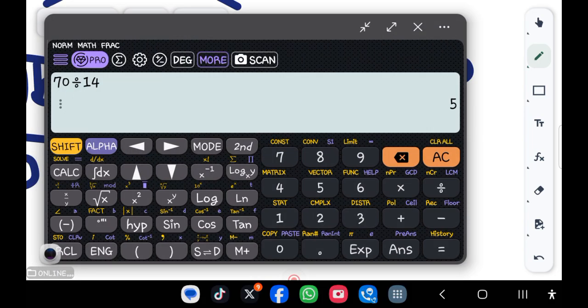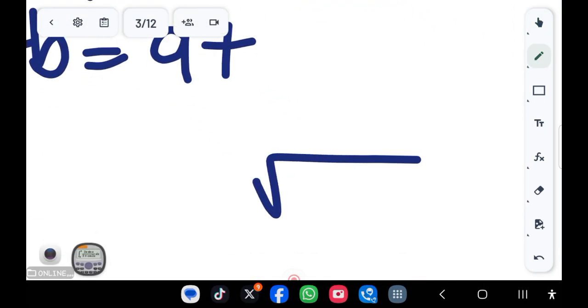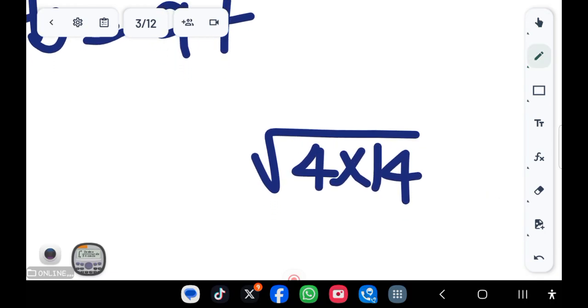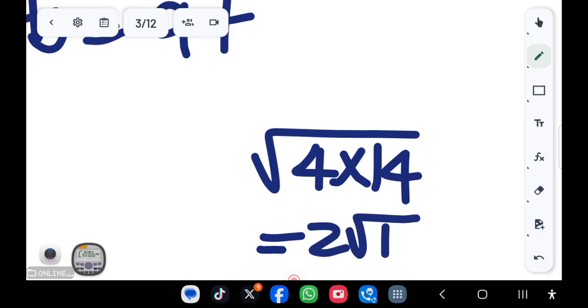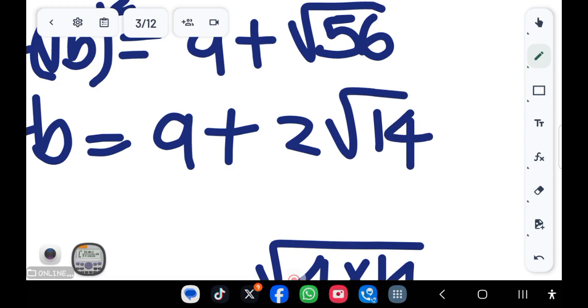You go 56 divided by 2 doesn't give us a square. Divide by 3, doesn't give us a square. Divide by 4, it gives us 14. 4 is a square, so that will be the square root of 4 times 14, and that can be written as 2 root 14. So that's what that becomes, 2 square root of 14.